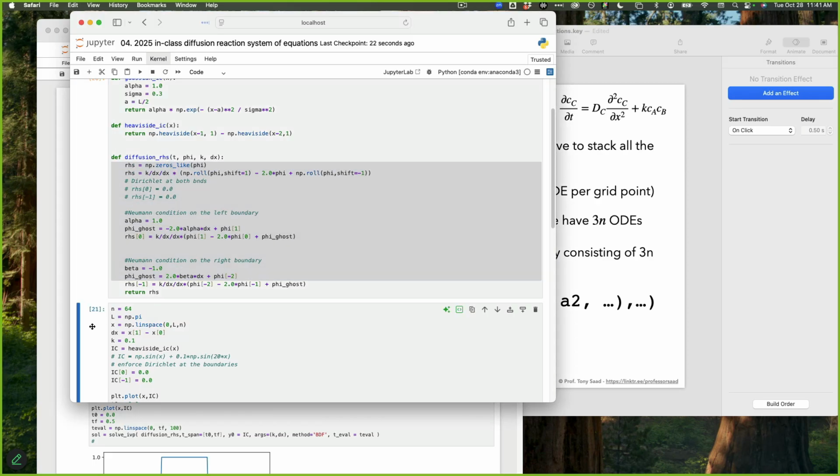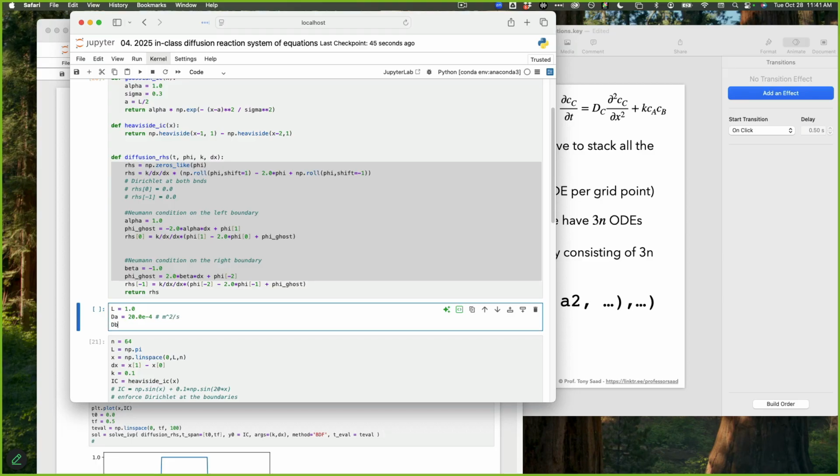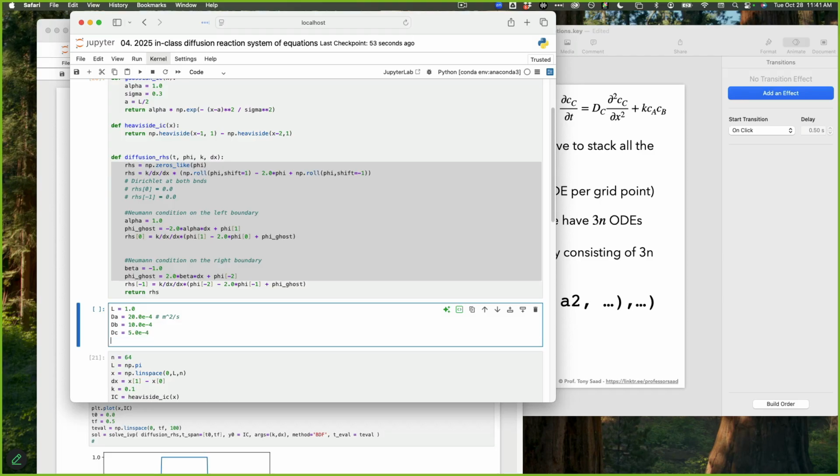Here, I'm going to put L equal to 1.0, and then the diffusion coefficient for A is going to be 20.0 e to the minus 4, in meters squared per second. The diffusivity for B is 10 e to the minus 4, and the diffusivity of C is going to be 5 e to the minus 4.